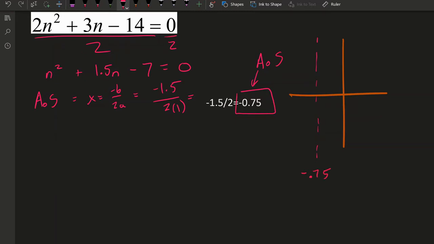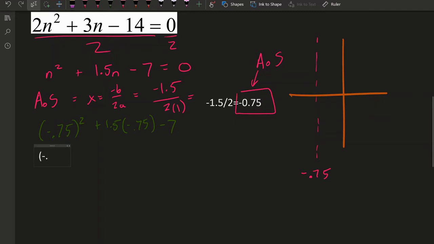Now, plugging this value into my equation, I get negative 0.75 squared plus 1.5 times negative 0.75 minus 7. And again, this is good calculator work.